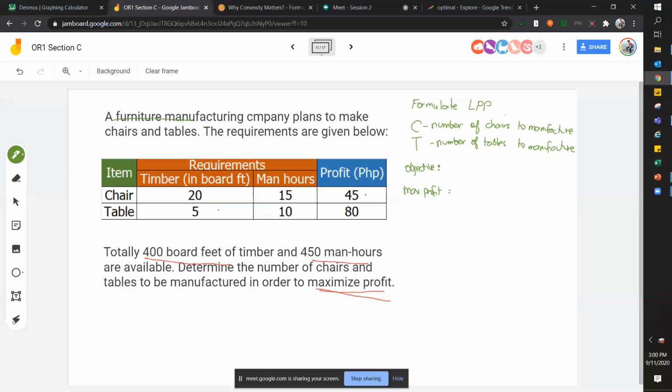Kasi ito, malinaw na nagamit ko na yung statement na to. Itong statement na to, nagamit ko na rin. Totally, 400 are available. Ito ang timber, ilalagay ko yung 400. And then 450 man hours. Okay? Ngayon, pababa po pala tayo. So ano ang profit natin? Ano ang equation na maximum profit?